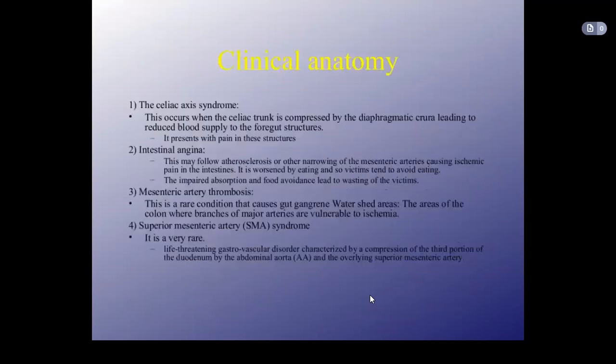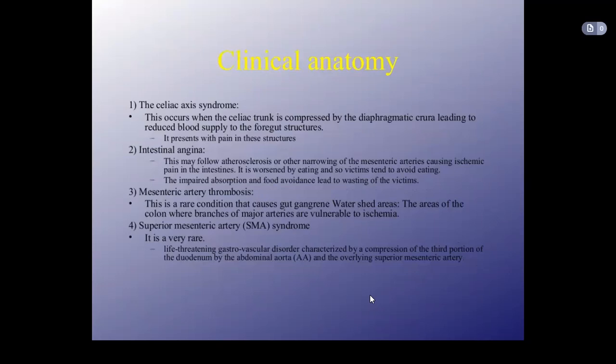So basically, that is everything you need to know about blood supply to the digestive system. Do not forget them. They're very, very important. In any exam, you're going to be asked, especially about the celiac trunk, the superior mesenteric artery, and the inferior mesenteric artery.